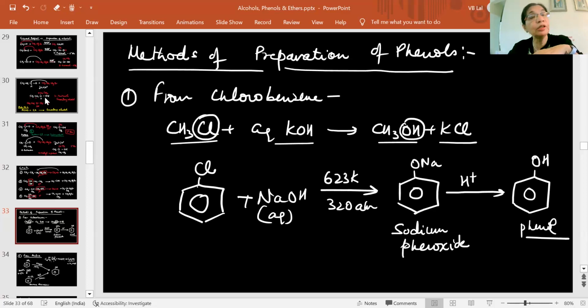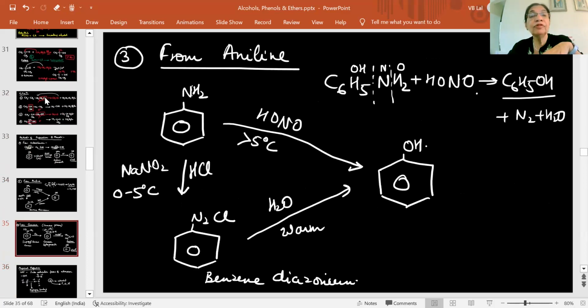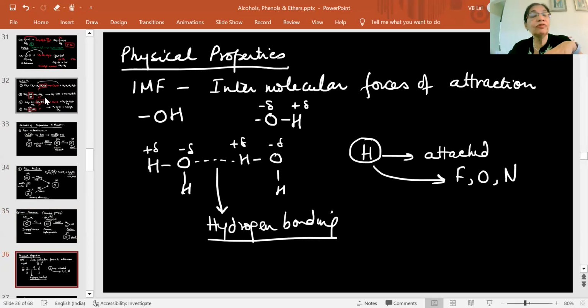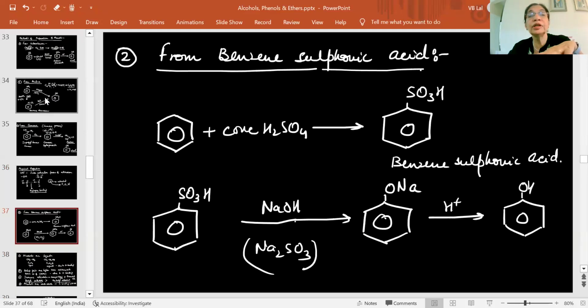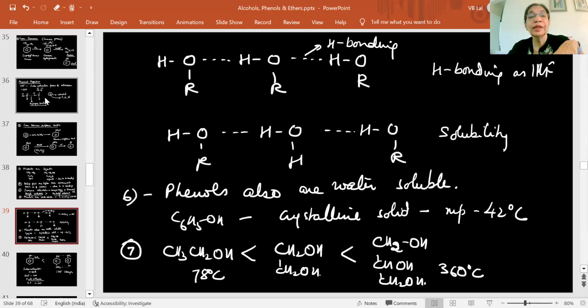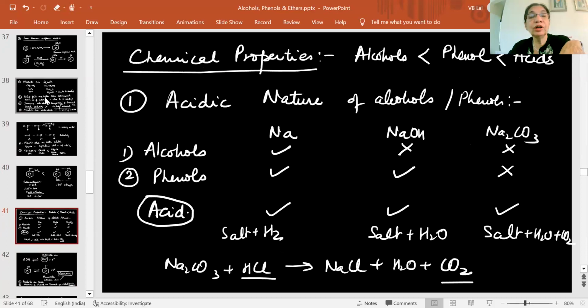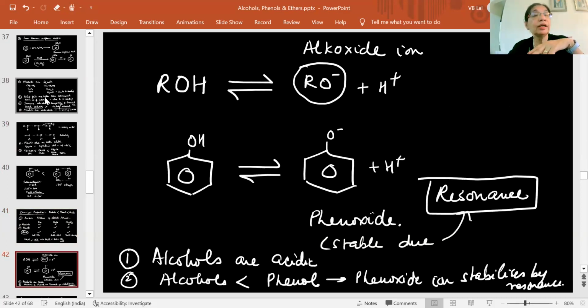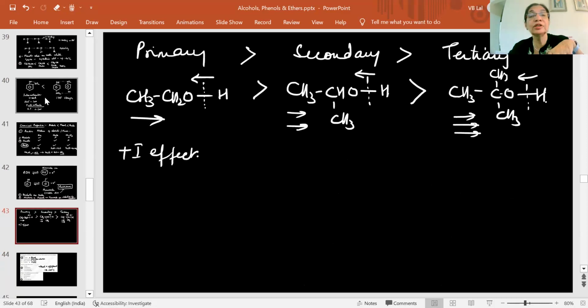Then we learned preparation of phenols. After that, we learned physical properties of alcohols. Then how do you prepare phenol from benzene sulfonic acid? That slide has got shifted. And then we talked about chemical properties, the acidic nature of alcohols, comparing alcohols and phenols, and understanding why primary alcohols are more acidic than tertiary alcohols.